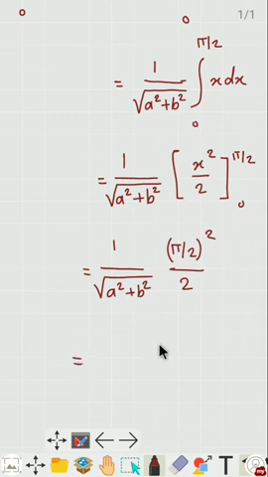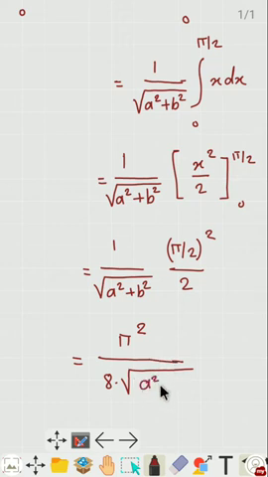So finally we get it is pi square upon 8 into square root of a square plus b square. Okay, and this is the required thing.